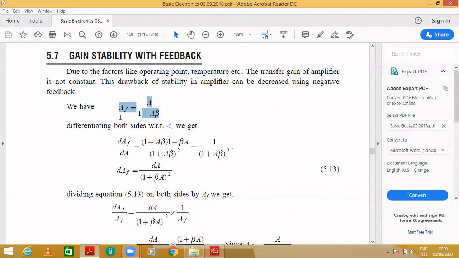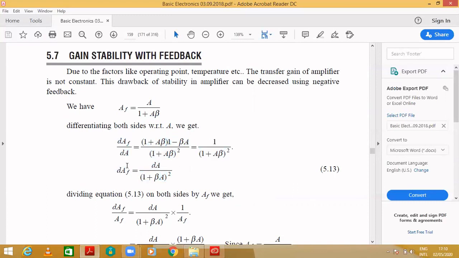By differentiating this equation on both sides with respect to A, we get dAF by dA equals, taking the denominator (1 plus A beta) whole square, differentiating with respect to A: the numerator becomes 1 plus A beta minus A times beta. Since 1 is constant and A differentiates to 1, we get beta A. Then A beta minus A beta cancels, remaining 1. So that is 1 over (1 plus A beta) whole square.